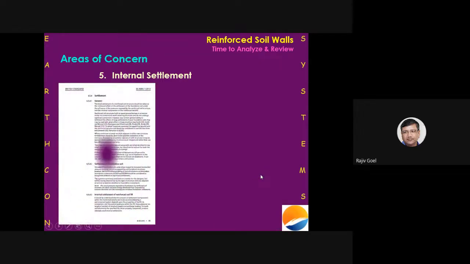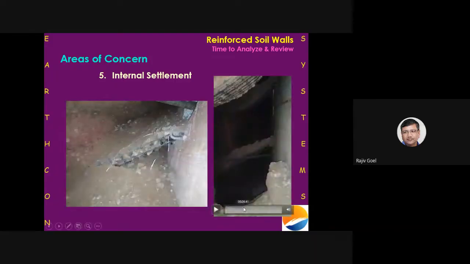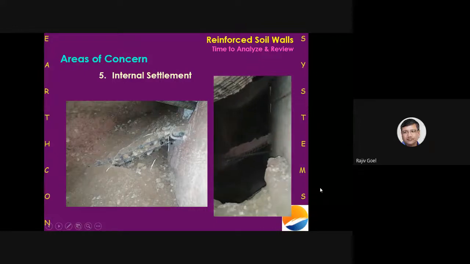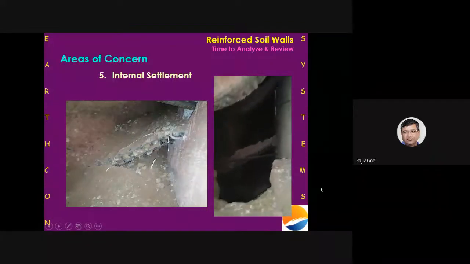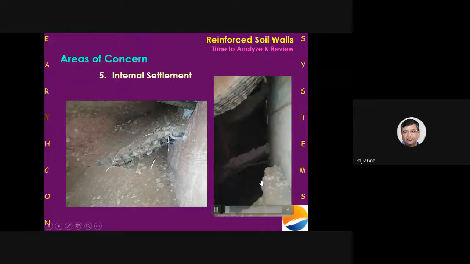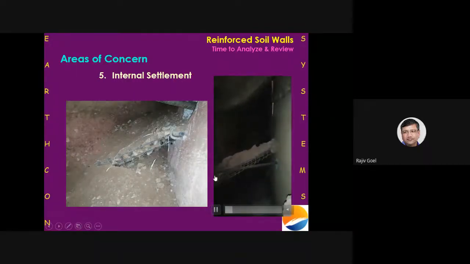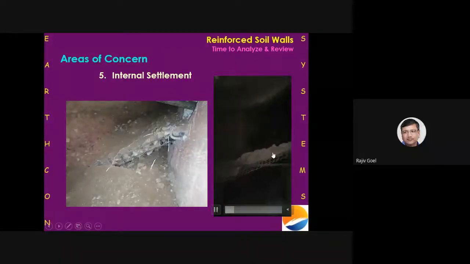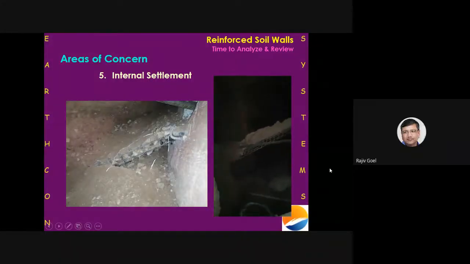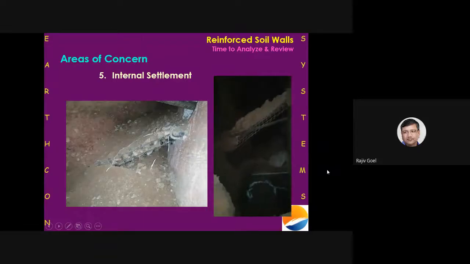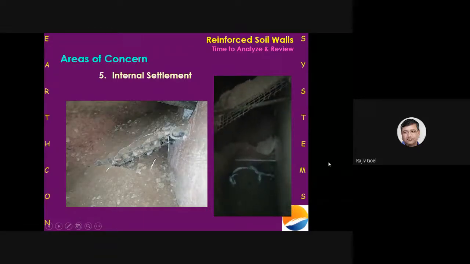This is the video, one second, if I can run the video. Yes. This is inside view of the reinforced soil wall, and you can see that the geogrids have sagged a lot. There is a whole cavity inside the wall.